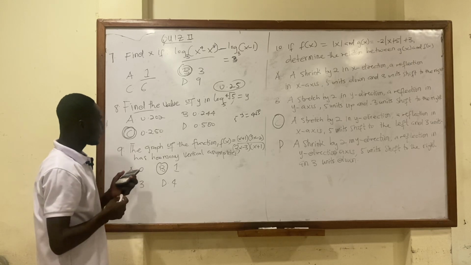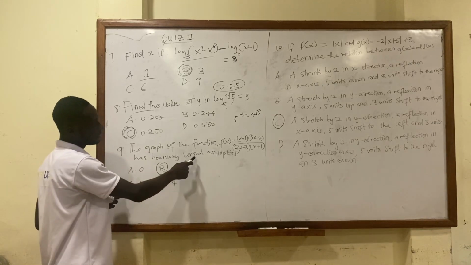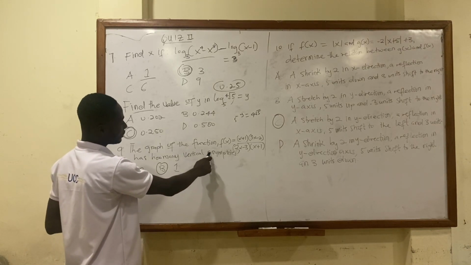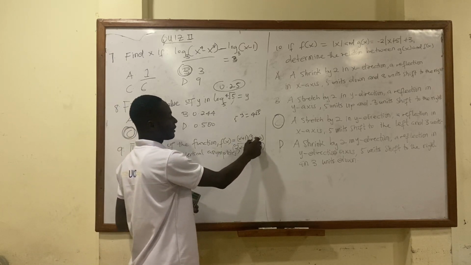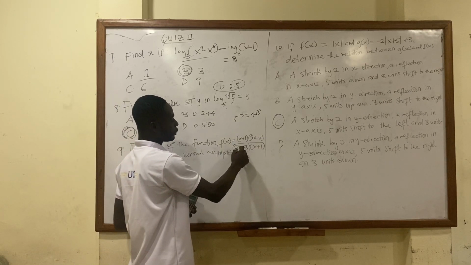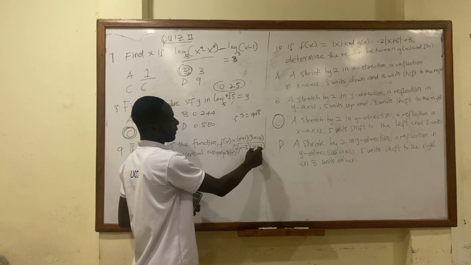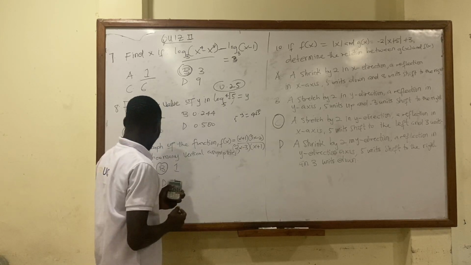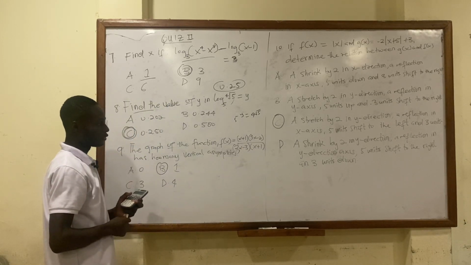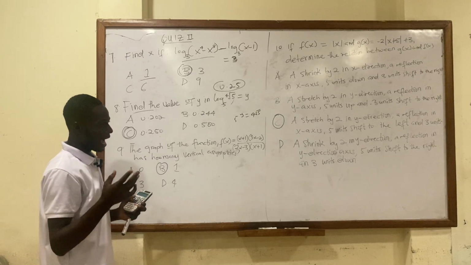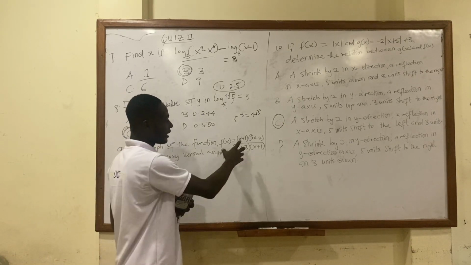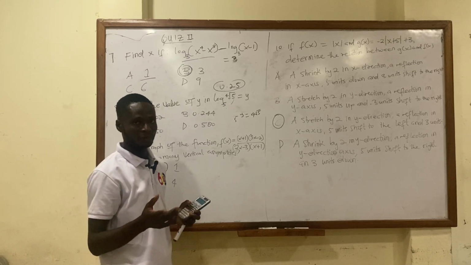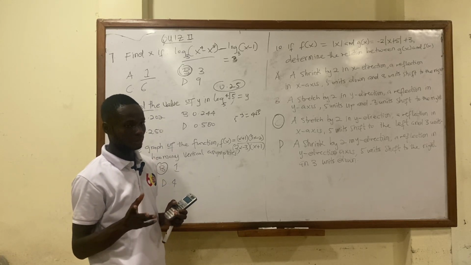And then question 9, it says the graph of the function f of x equals (x plus 1)(3x minus 2) over (2x minus 3)(x plus 1) has how many vertical asymptotes? You know the vertical asymptotes come from the denominator, but you have to simplify this expression first before you can say that your vertical asymptotes are this.